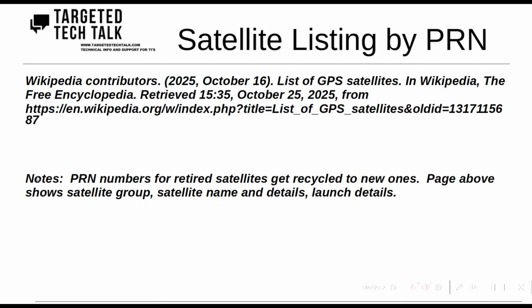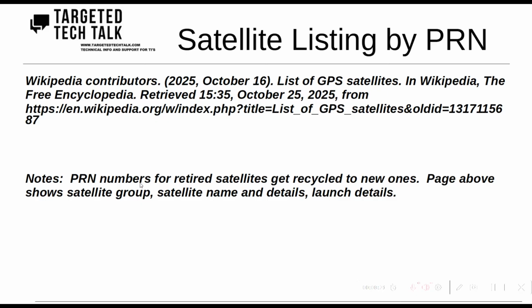So let's get back to some general GPS topics here. I'll provide a link to this page, Wikipedia. Once you get that PRN number, which uniquely identifies a satellite, you can look up some additional information about that particular satellite. If you go to this page, that will match up the PRN number to that satellite.